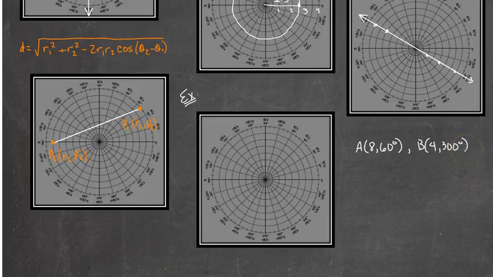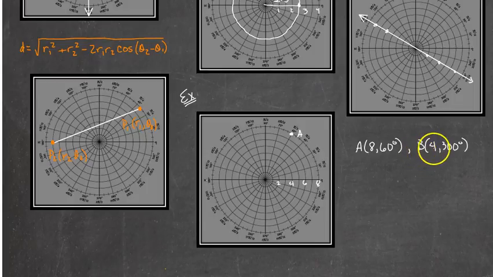When we plot these, we're not going to sketch in the ray. We're just going to find the location on the plane. First, 8, 60 degrees. I have to decide my units here, and 1, 2, 3, 4, 5, 6, 7, 8 fits perfectly. So all I have to do is find where 60 degrees is, and I'll know where to plot my 8. That's point A at 8, 60 degrees.